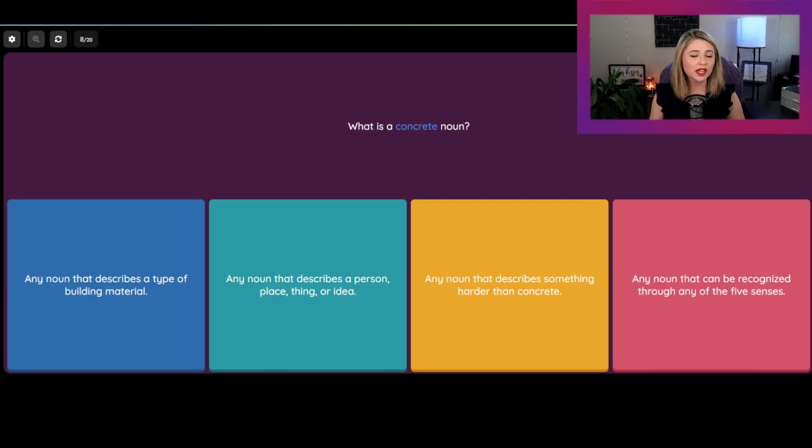What is a concrete noun? Any noun that describes a type of building material. Any noun that describes a person, place, thing, or idea. Any noun that describes something harder than concrete. Any noun that can be recognized through any of the 5 senses. Well, if an abstract noun cannot be recognized through senses, it means that concrete can.